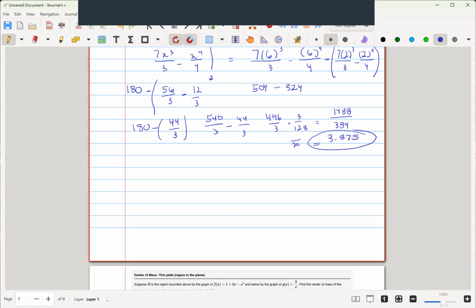So we have y bar is equal to 1 over 2A, integral from 2 to 6 of f of x squared minus g of x squared dx.